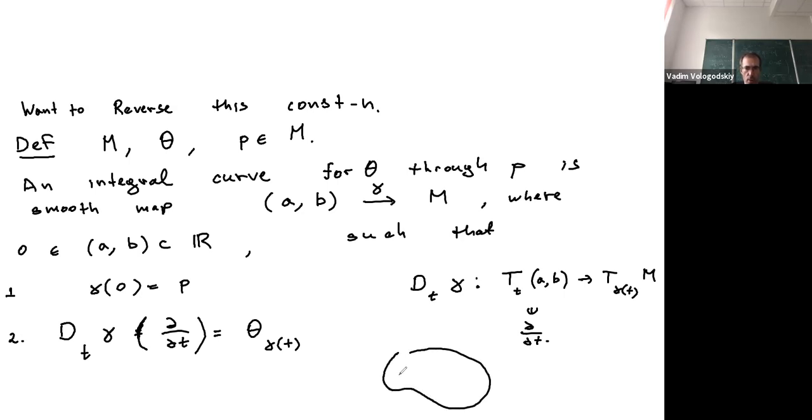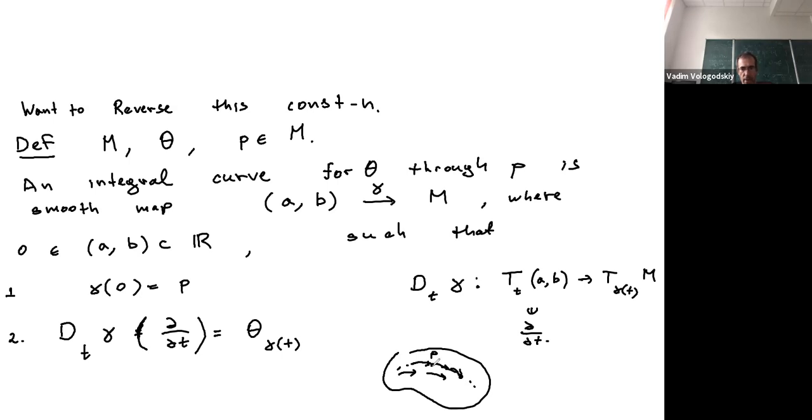So, well, here is a more geometric way of expressing this. So you have a vector field, and you have a point P. And the integral curve is a parameterized path, right? Which at every point, the tangent vector corresponding to this path. Remember that tangent vectors correspond to equivalence classes of paths.